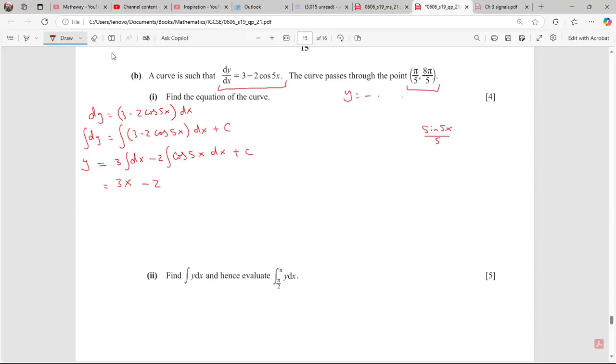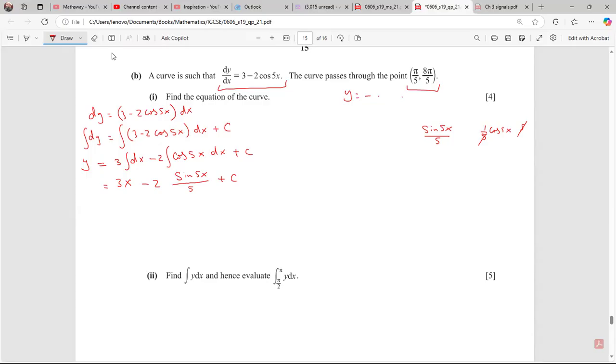Okay, so let's differentiate this thing. 1 over 5 is constant. The derivative of sine 5x is cos 5x, and the derivative of 5x is 5, so that 5 cancels with this 5, and yes, I get this thing back. So my answer for this one is sine 5x over 5 plus c.